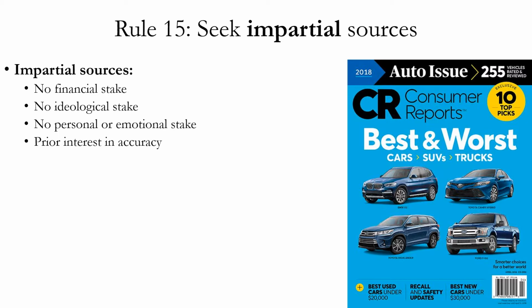And another way a source can be impartial is if they have a prior interest in accuracy. That's why I'm using Consumer Reports as an example. Consumer Reports makes money from the information they provide. That's their business model: to sell issues of a print magazine or to sell ads on their website.